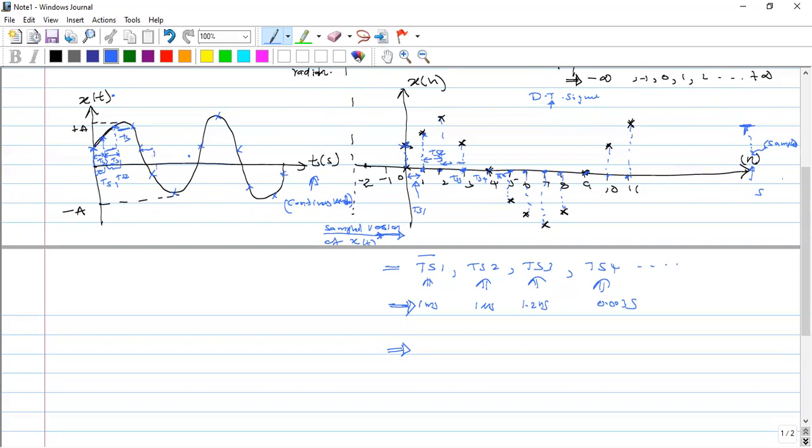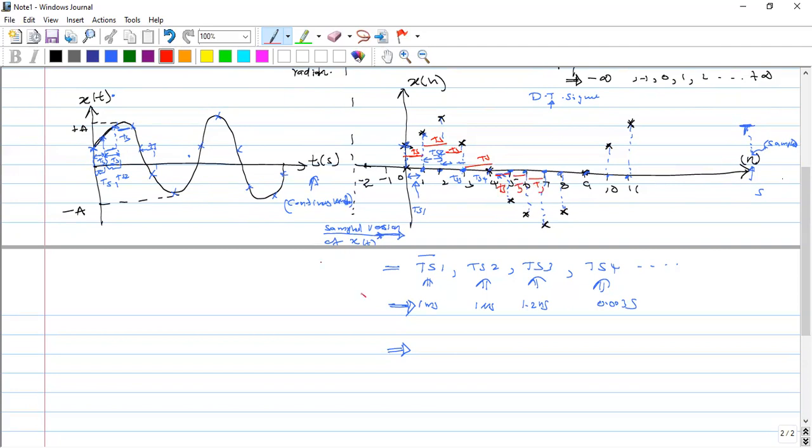So this time gap is TS, this one is also TS, and this one again TS.